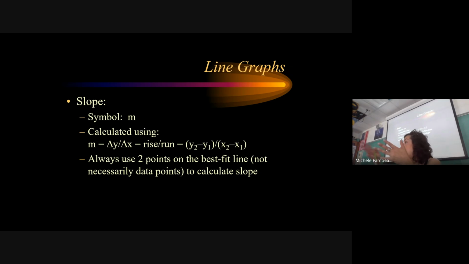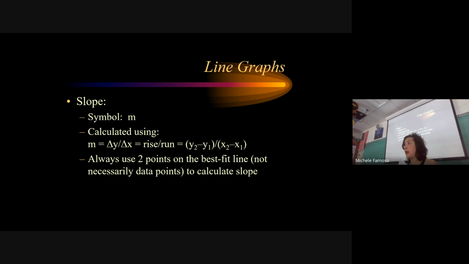So the question will say, calculate the slope of your best fit line. It will never say, calculate the slope of the data in your table. I want you to find the slope of a line, which means that when you're doing your slope calculation, you have to use points that are actually on the line you drew. If you pick a point and you plug it into your equation, and that point wasn't on the line you drew, you lose credit. Because that wasn't a slope of a line that you just found. You just found the slope of data in a table.